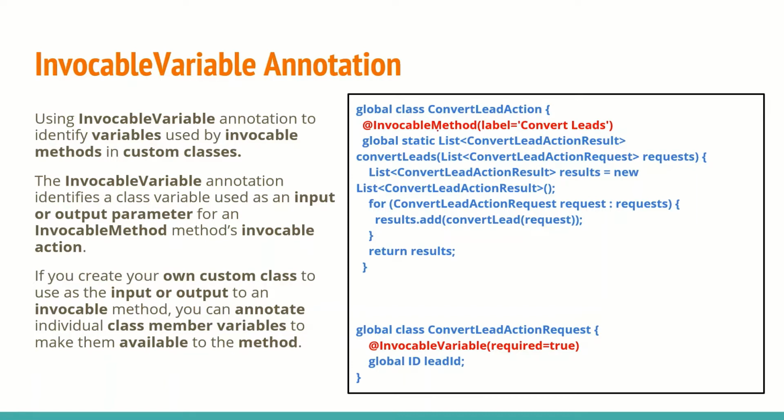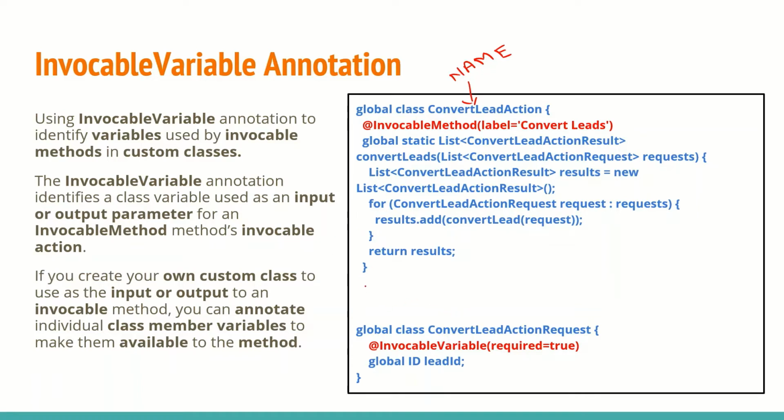So for an example, we are having a custom class. The name of the class is ConvertLeadAction. Then we have an invocable method, that is label equal to convert leads, and this whole method is there. Then we have global class ConvertLeadActionRequest.